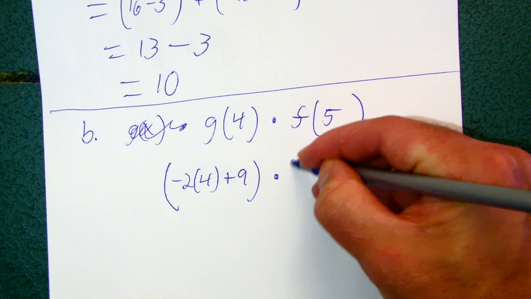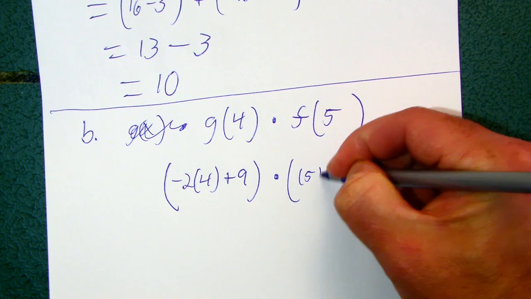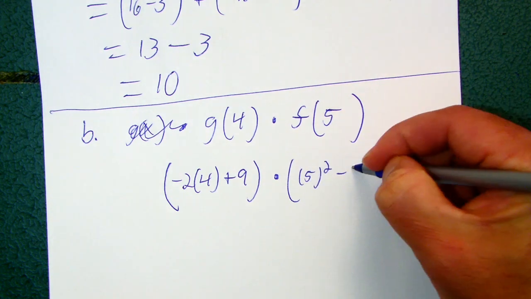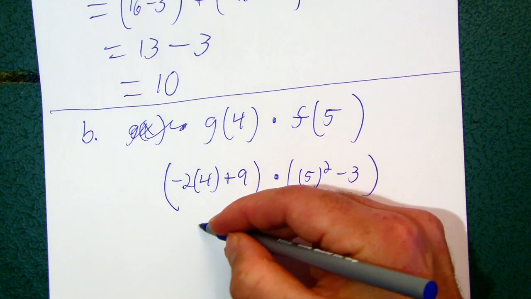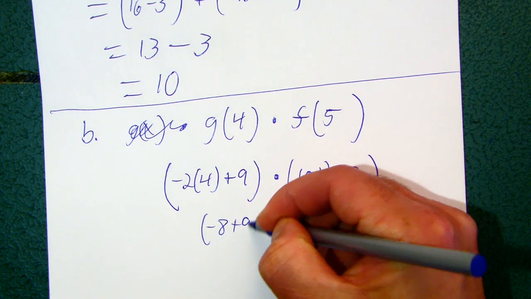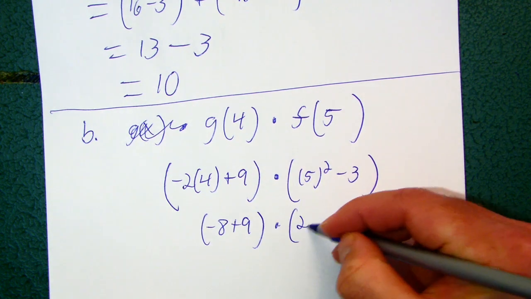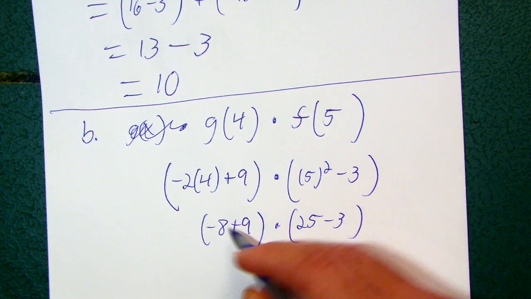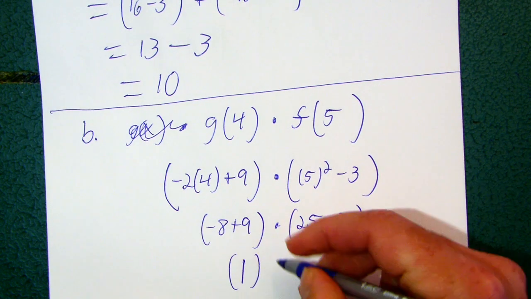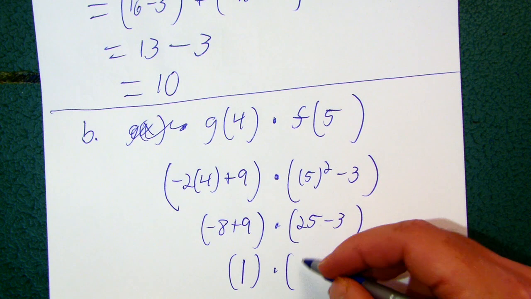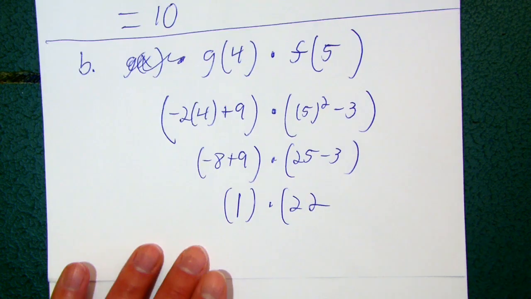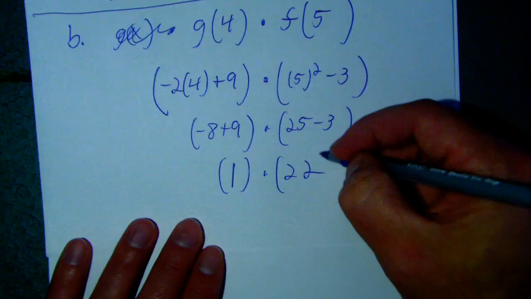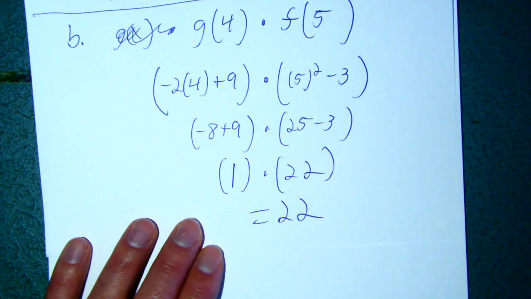That's going to be 5 squared minus 3. So it's going to be negative 8 plus 9 times 25 minus 3. Negative 8 plus 9 is 1 times 25 minus 3 is 22. So 1 times 22 is 22.